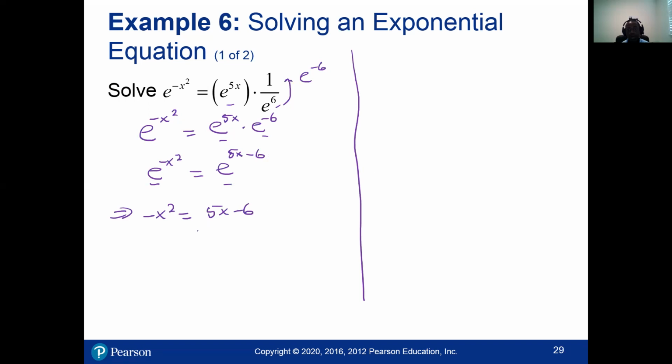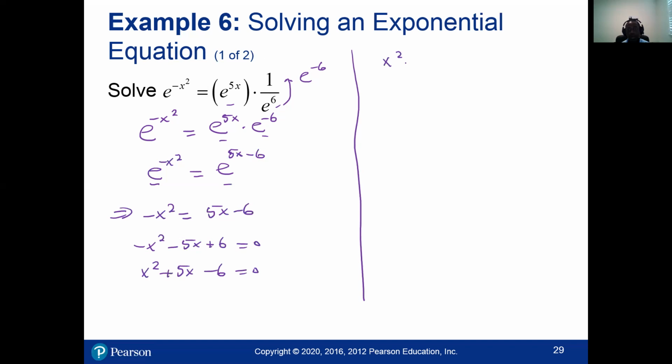Then this is quadratic, so we bring everything to one side. We get minus x squared minus 5x plus 6 equal to 0. Then if you multiply through by negative 1, you have x squared plus 5x minus 6 equal to 0.